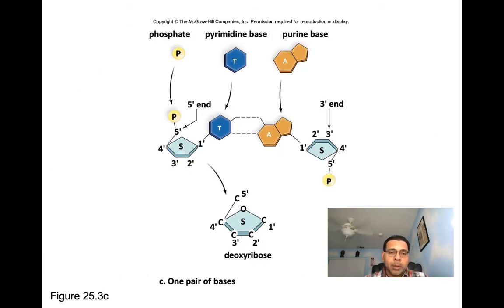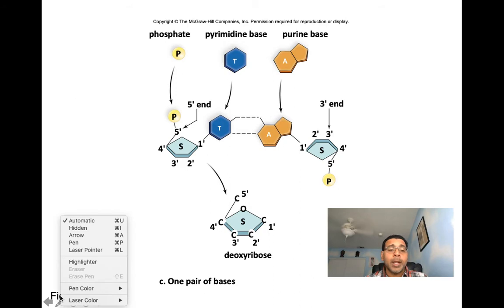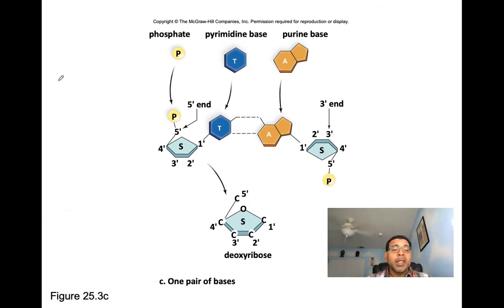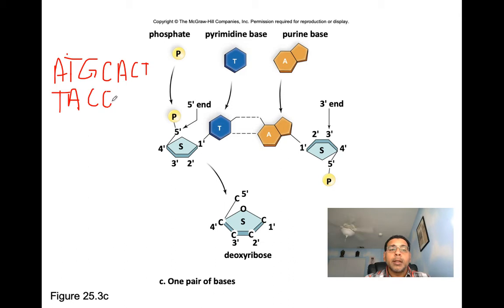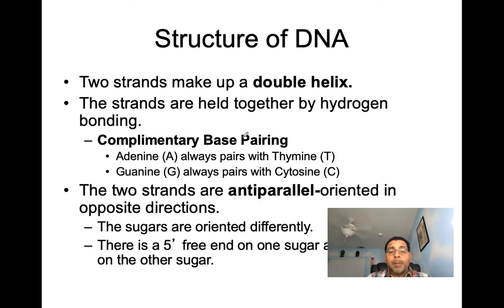So if we were to move back here to one slide, just because there's more space here and I can write, if we had this sequence, let's say for example, A, T, G, C, A, C, T, and ask you to give me the matching sequence, then you would have to give me T, A, C, G, very good, T, G, A. So by having this basic knowledge of complementary base pairing.